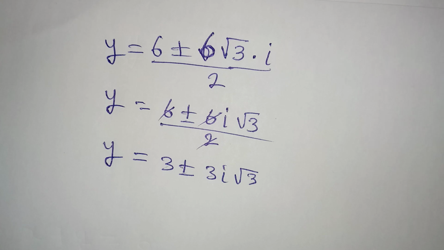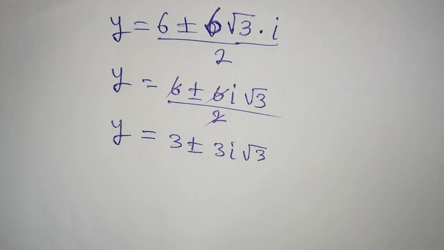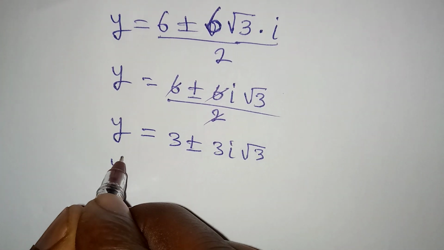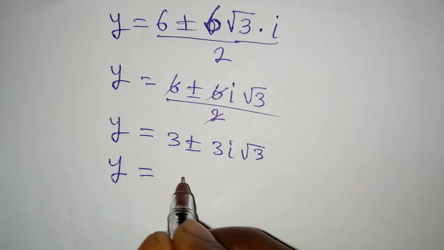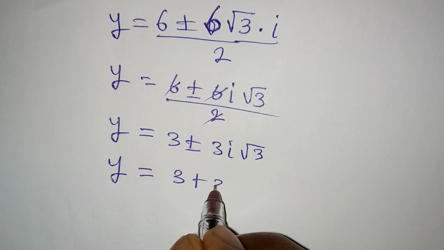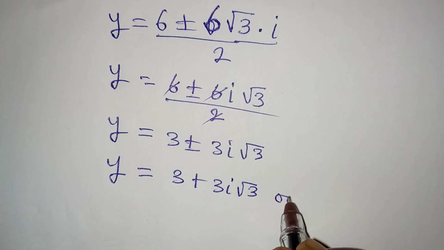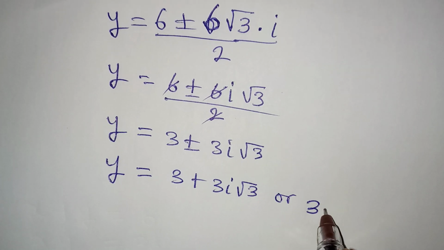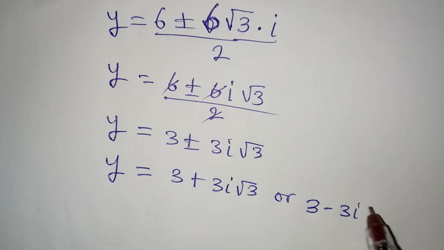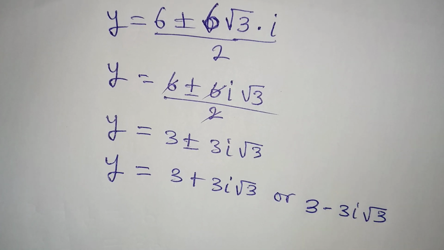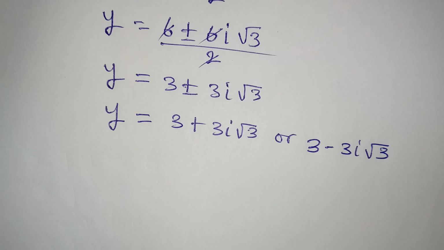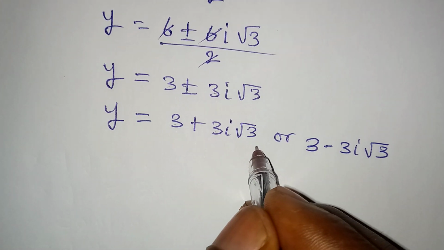So these will be the values of y. We can split this so that we have y equal to 3 plus 3i square root of 3, or 3 minus 3i square root of 3. So these will be the two values of y.